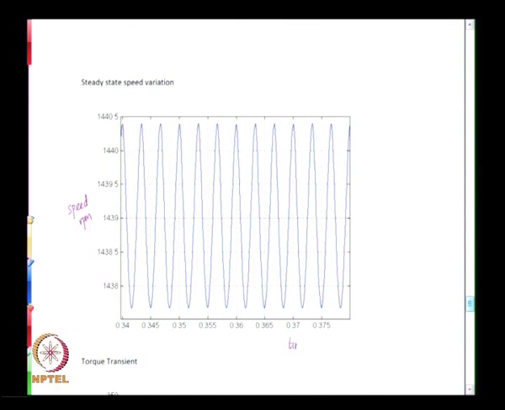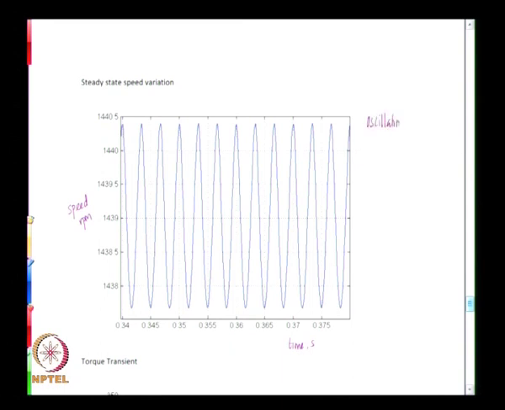In the sinusoidal excited case, you found that the machine accelerates and then settles down, the speed is really flat, a fixed speed, whereas here you see that the speed is oscillating. So it is not a constant speed, it is an oscillating speed.